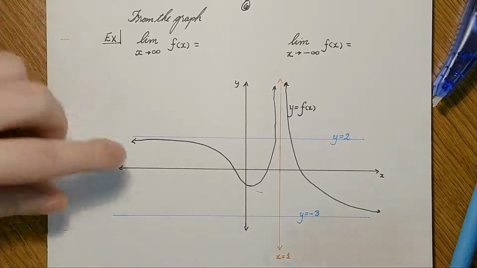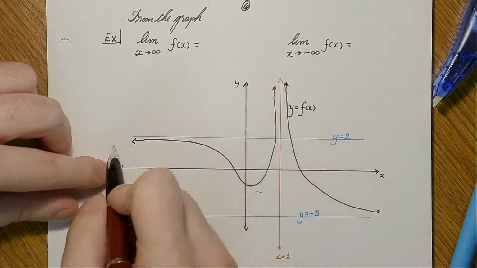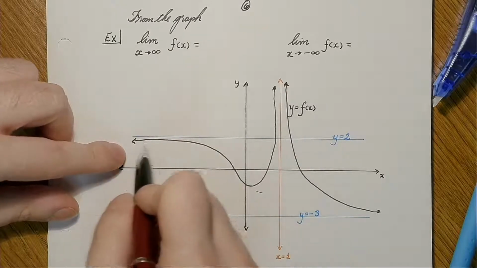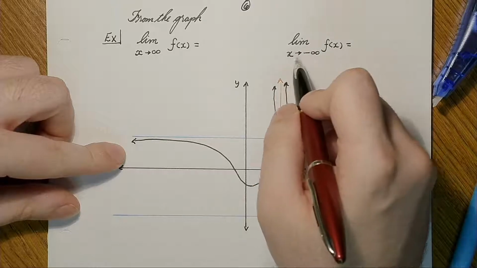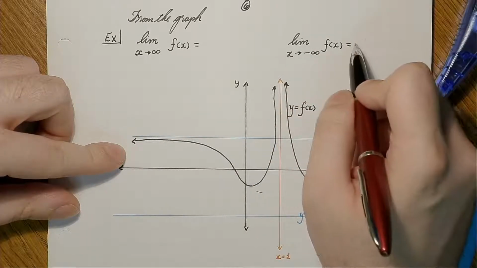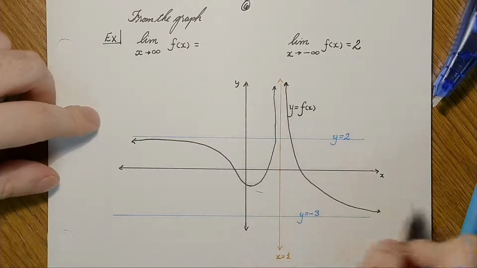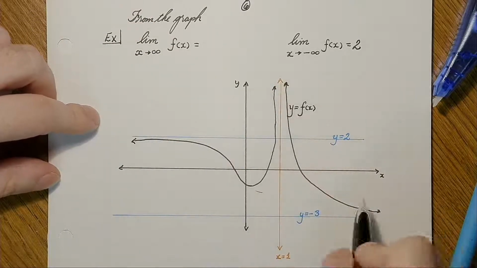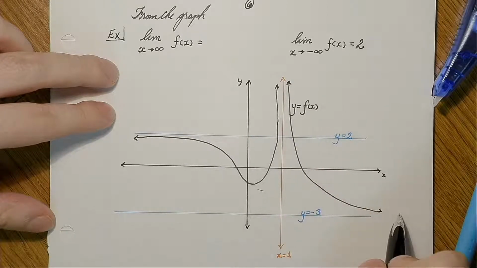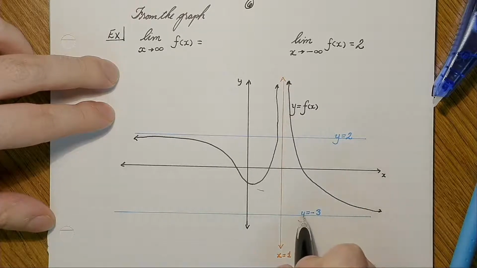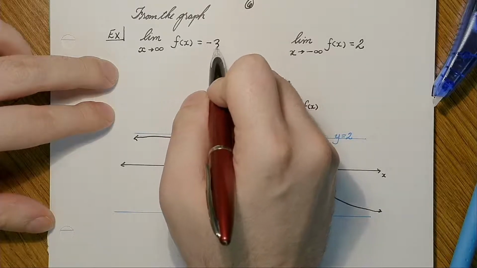So in this case, as x goes to minus infinity, we see that it's approaching but not touching this line y equals 2. So the limit as x goes to minus infinity is 2. And as we go to infinity, so far, far out to the right-hand side, we see that the behavior of the graph is approaching y equals minus 3. So that's what it would be for this.